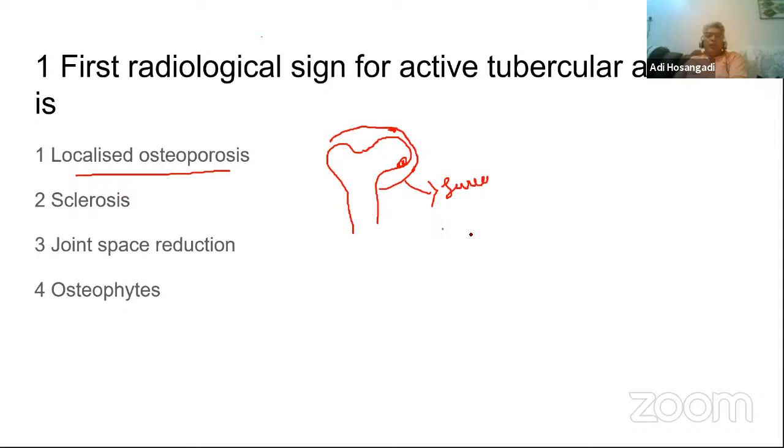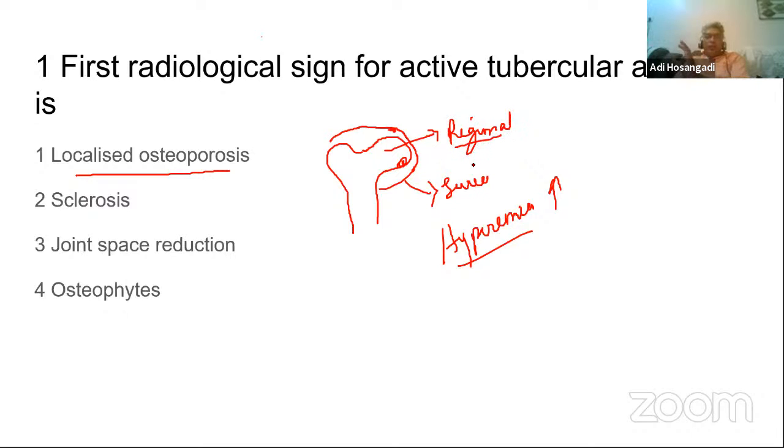There is hyperemia, excessive blood flow. Because of the increased blood flow, there is high bone turnover and a regional osteoporosis.